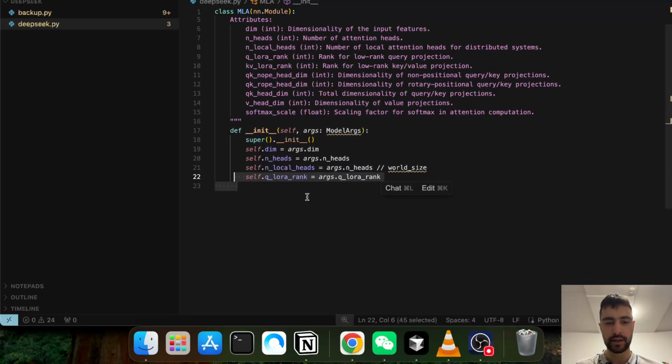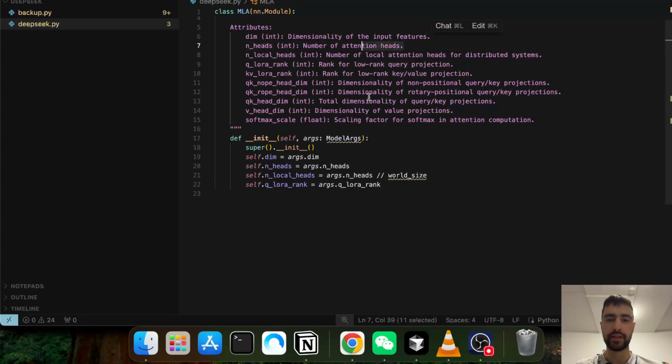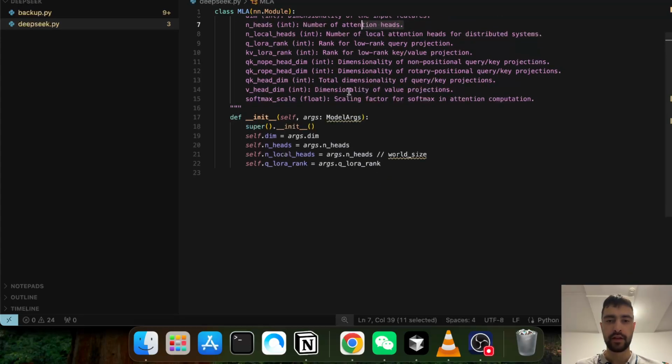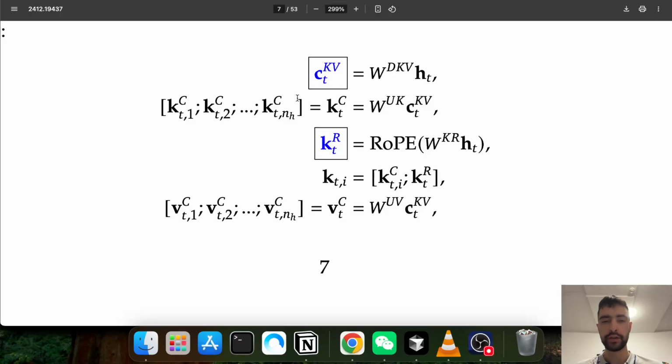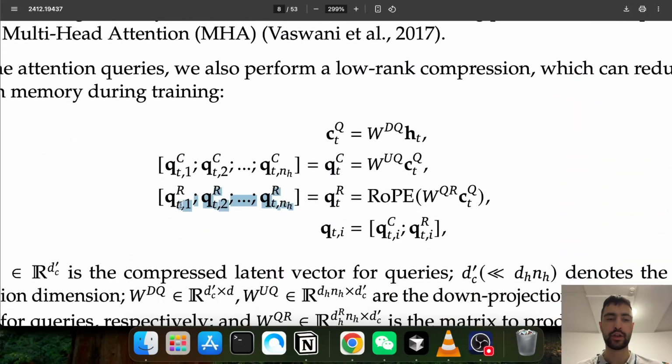Let's go next. Q LoRa rank is Q LoRa rank. I explained what all of these mean. Keep in mind, number of heads is always the same. We have this big vector divided into heads, and there are n heads. So the number of key heads, value heads, and query heads is always the same.